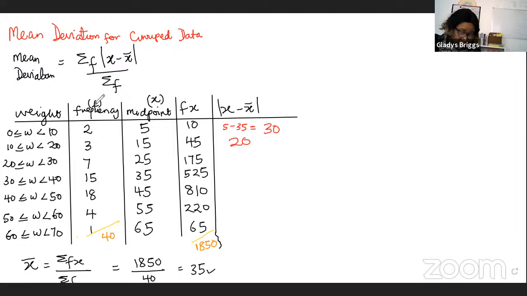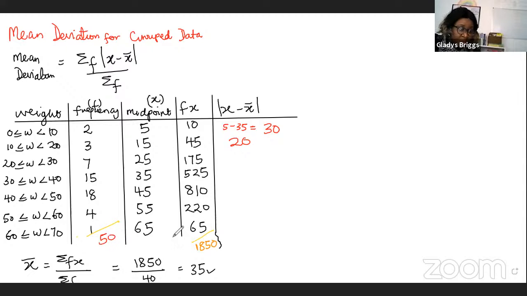Sigma F is 60. Oh, 50. Yeah, you're right. It's 50. Well done, Abra. This is why it's good to pay attention.